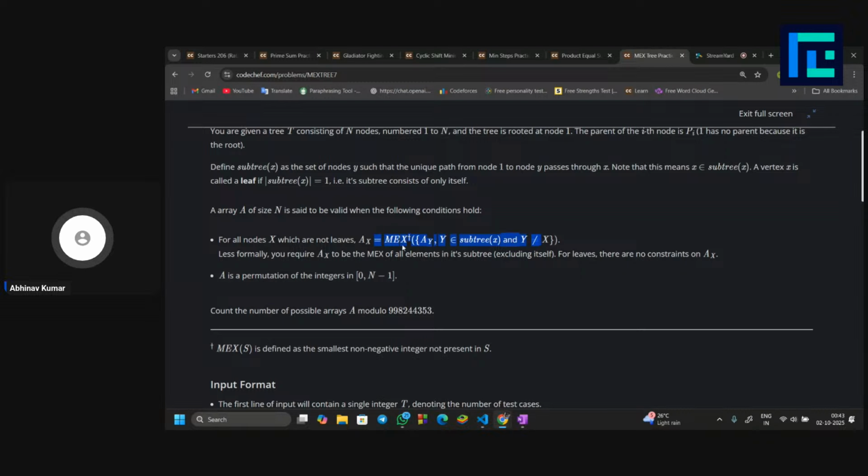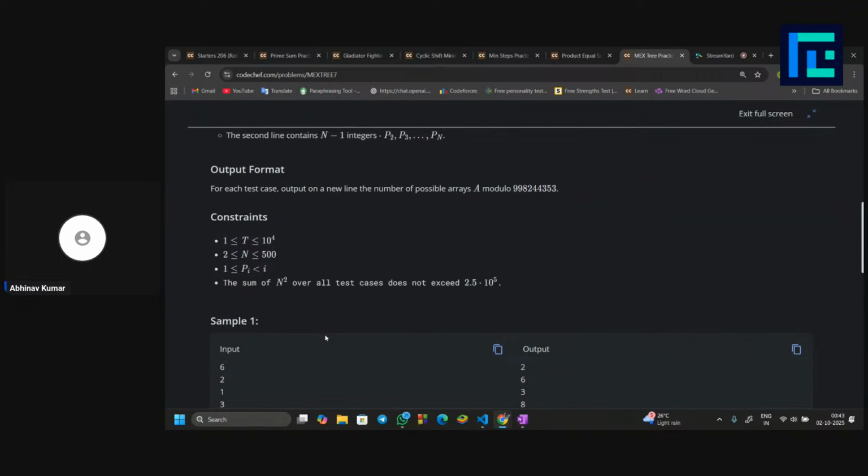So you have to make sure that for any node which is not a leaf node, its value is the MEX of all the nodes present in its subtree except that node. If that value is satisfied for every non-leaf node, then that permutation is valid. You have to count the number of different permutations modulo this.